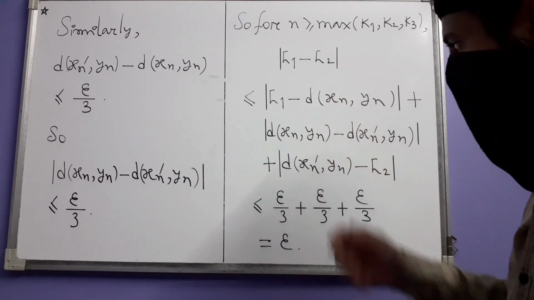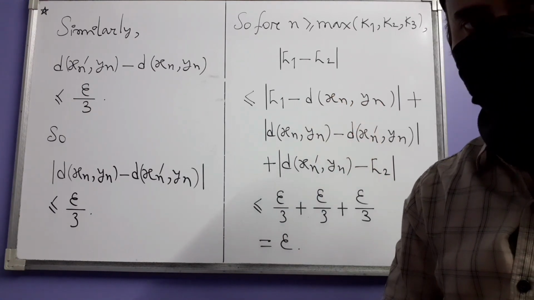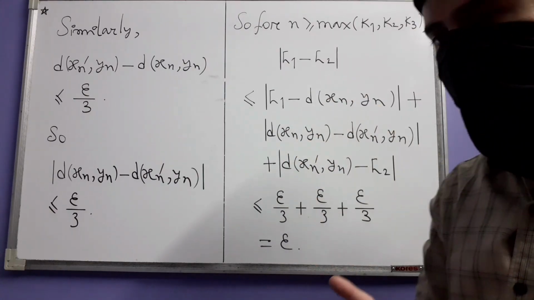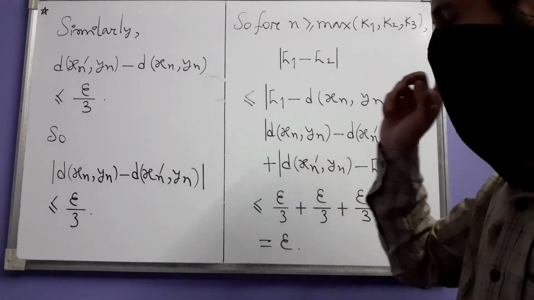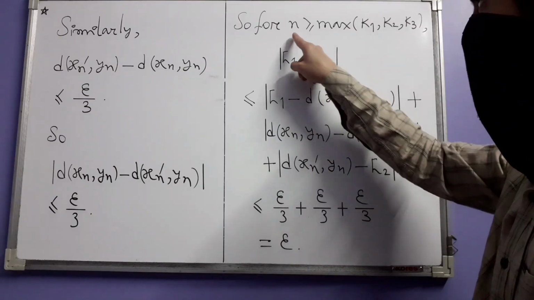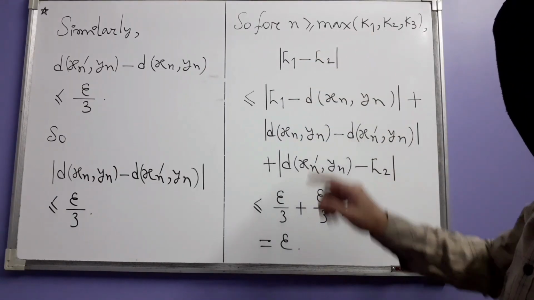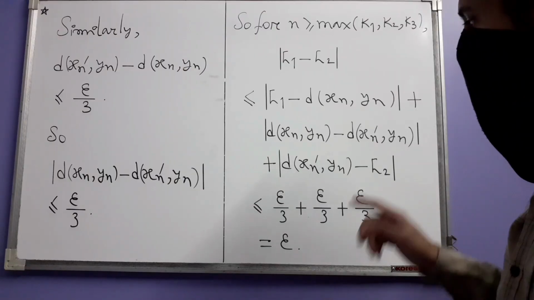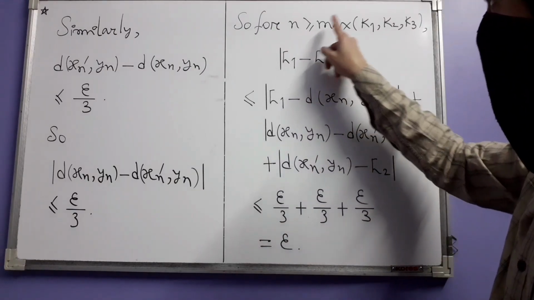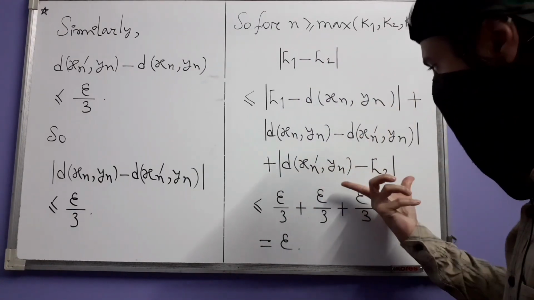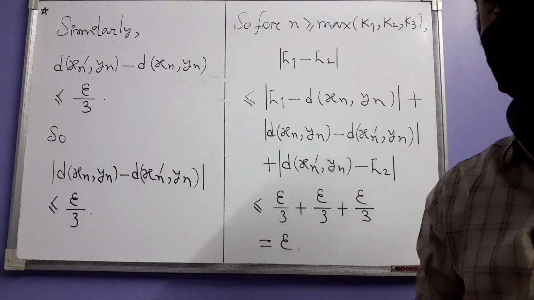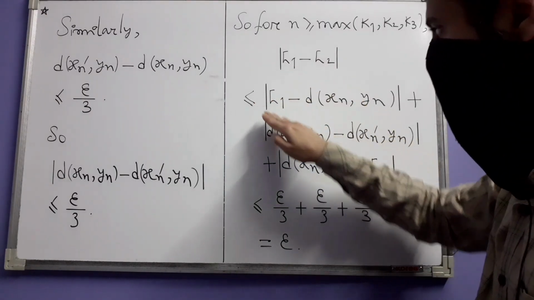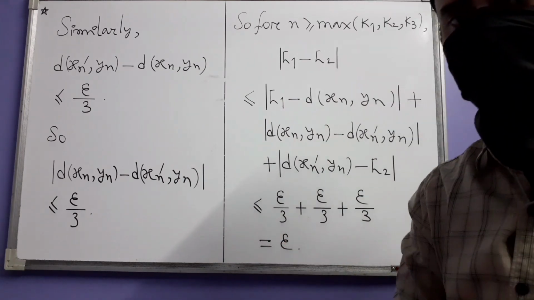And these are also less than or equal to epsilon over 3. Why? For this to be less than or equal to epsilon over 3, if I am remembering correctly, we need n to be greater than or equal to k2, which however is true because of this thing. Similarly, because n is greater than or equal to k3, this is also less than or equal to epsilon over 3. And that's how we find that mod L1 minus L2 is less than or equal to epsilon.